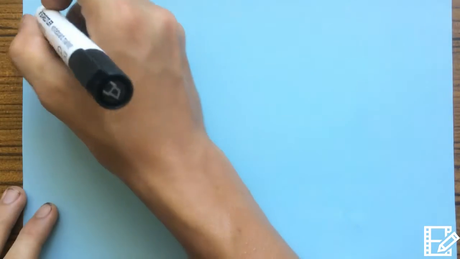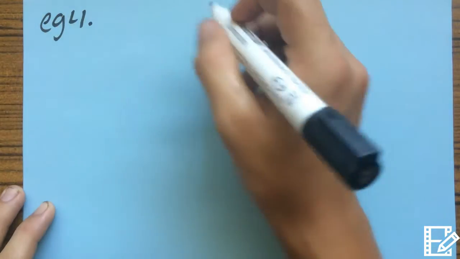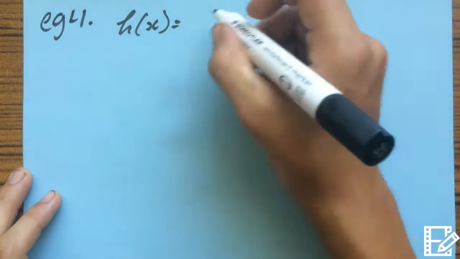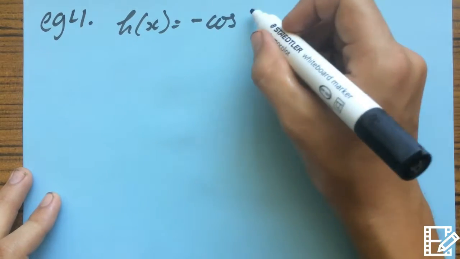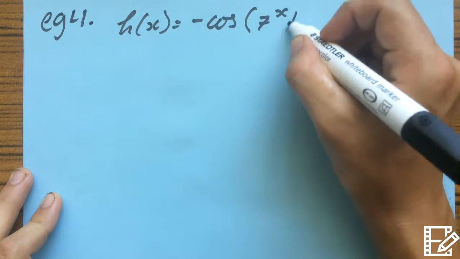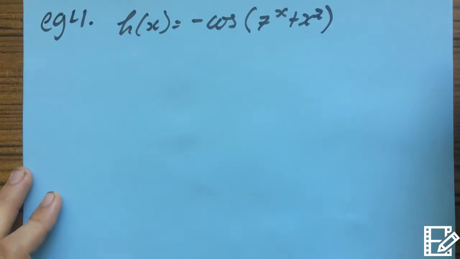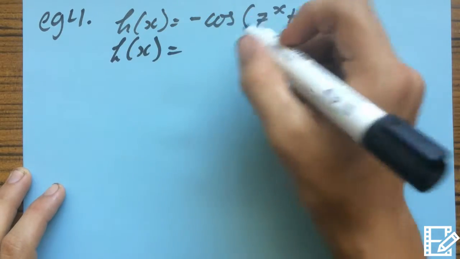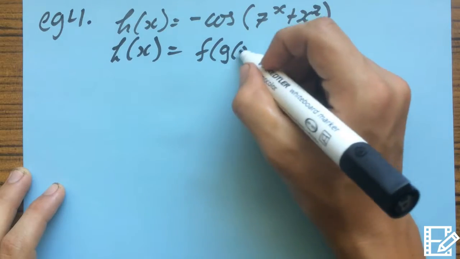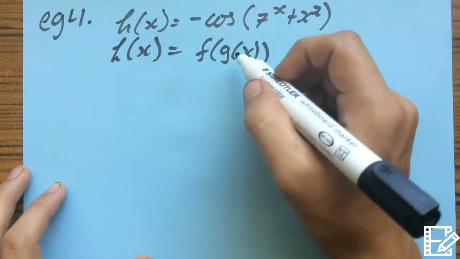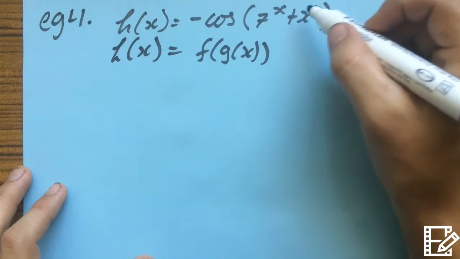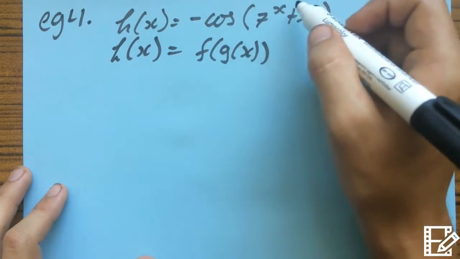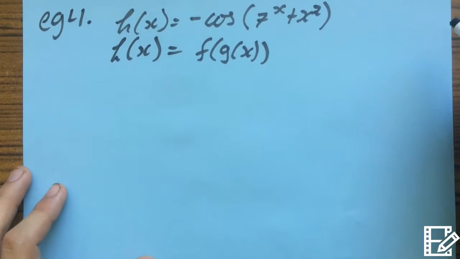So here we have h(x) equals negative cosine of 7^x plus x squared. Again, we have a function within a function, g(x) within f of g(x): 7 to the power of x plus x squared within negative cos of 7 to the power of x plus x squared.